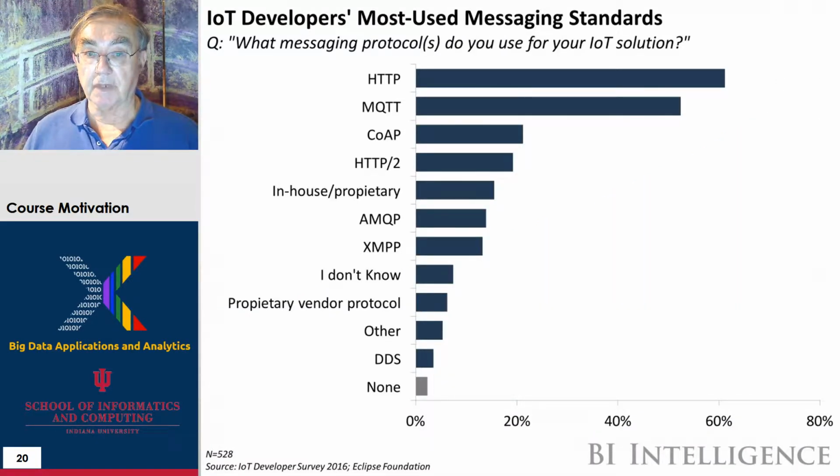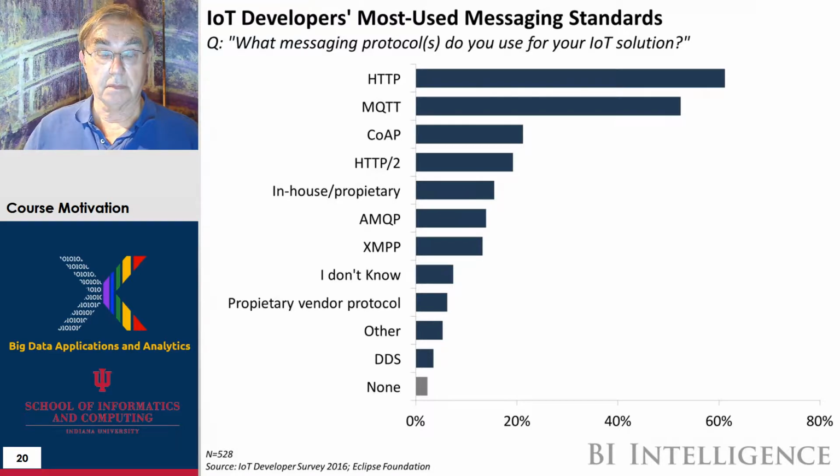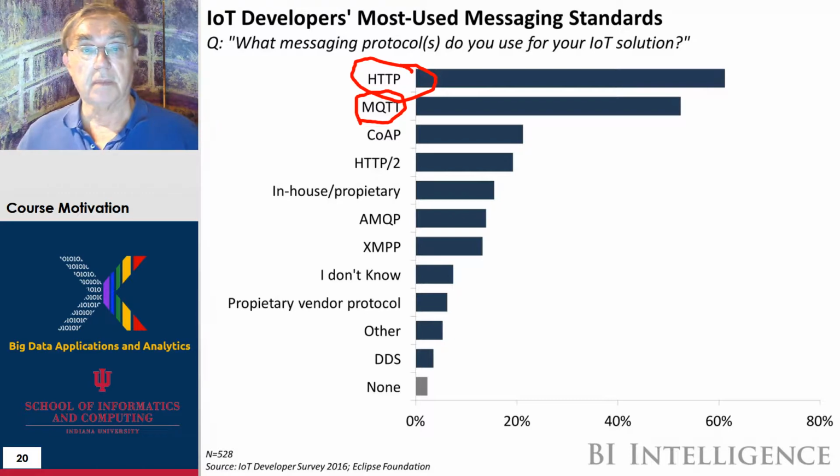And here we have the last slide. Only for nerds like me, this is the actual transport protocol which is used by IoT systems. And we already saw MQTT, it was on the hype curve, but HTTP is actually more important, which is not too surprising. It's the dominant messaging transport on the web.